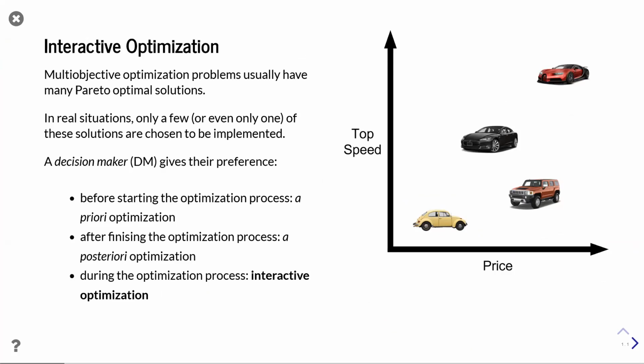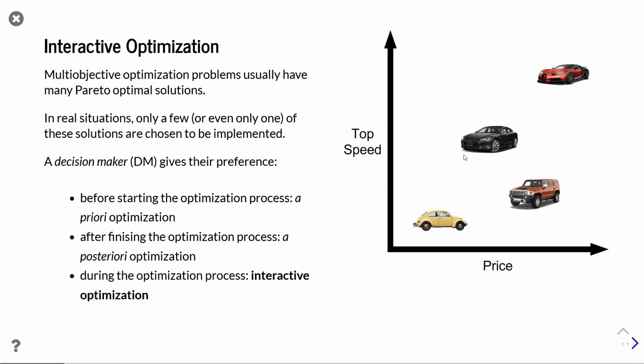If you were buying a car, it's not like you are going to buy a Bugatti Veyron and a Beetle. Maybe you have enough money to buy both, but if you're financially responsible, you might only want to buy a single car. So how do you choose which car to use?